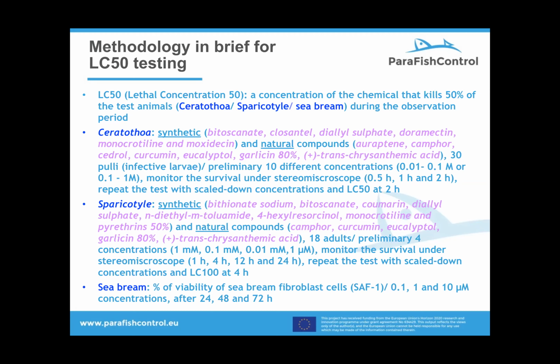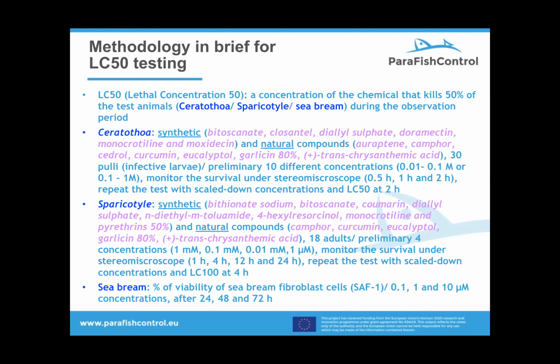The experimental setup was quite similar in both Ceratothoa and Sparicotyle, and I have marked here the synthetic and natural compounds that we have tested. We started with the same list, but quite soon we realized through the experiment that some had no effect at all on monogeneans, while they were quite efficient on Ceratothoa, and vice versa.